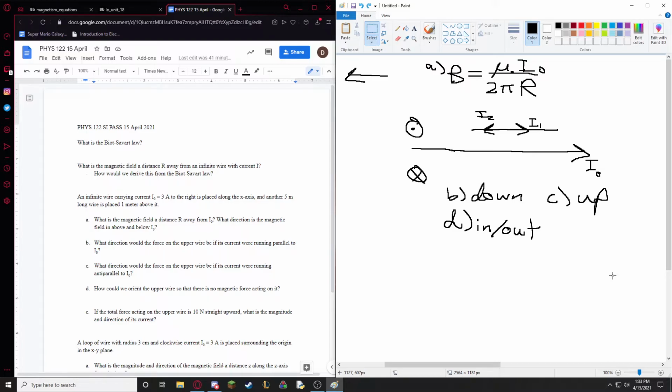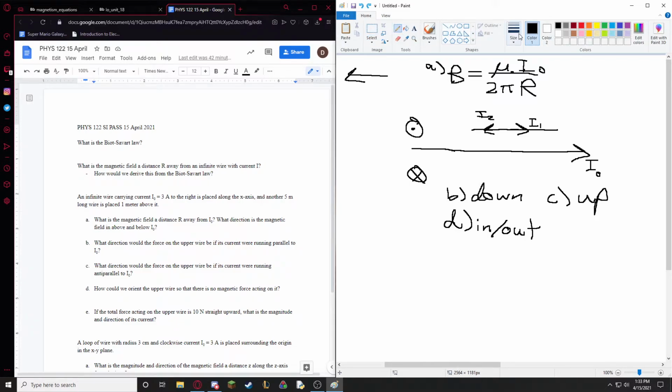Nice and simple. So now, let's say we have the force acting on the wire, and it's 10 newtons straight upward. What would be the magnitude and direction of the current? How do we actually find that?